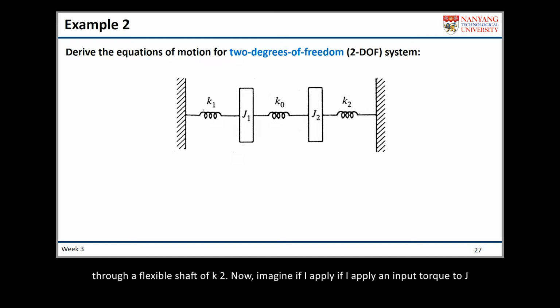Now imagine if I apply an input torque to J1, to the first disk here. I give an input torque of tau x to J1. What will happen to this?